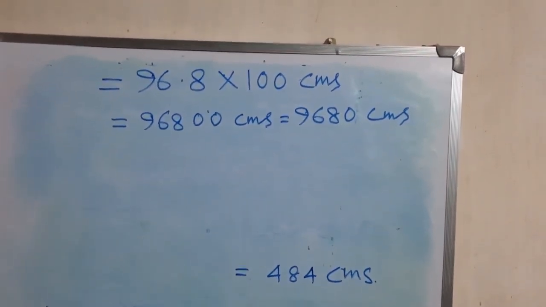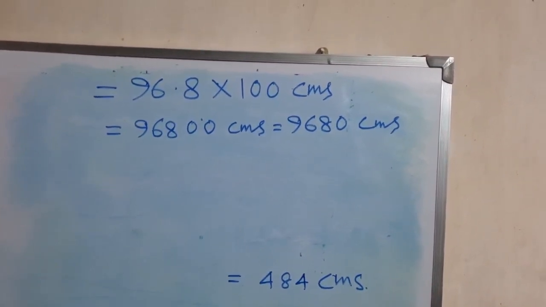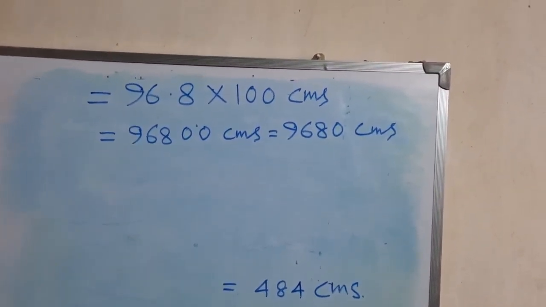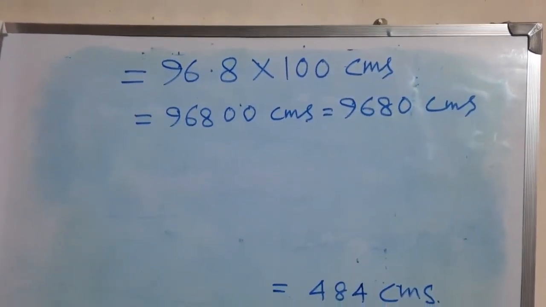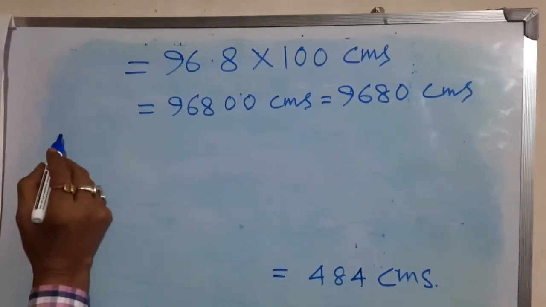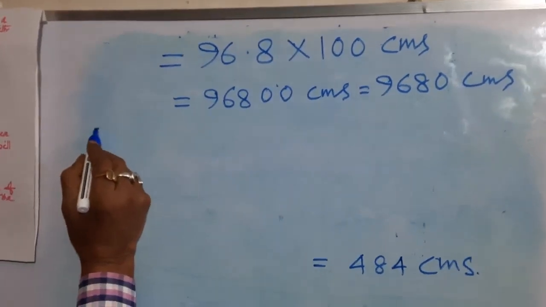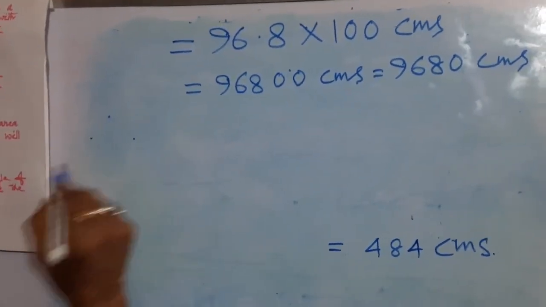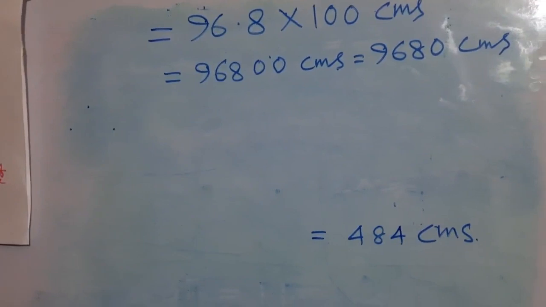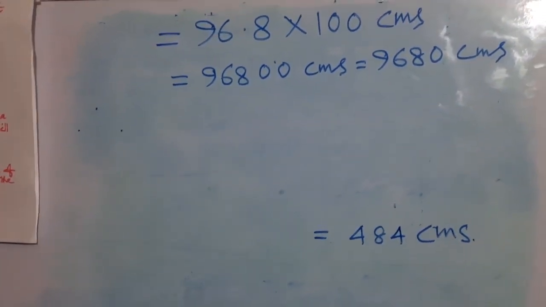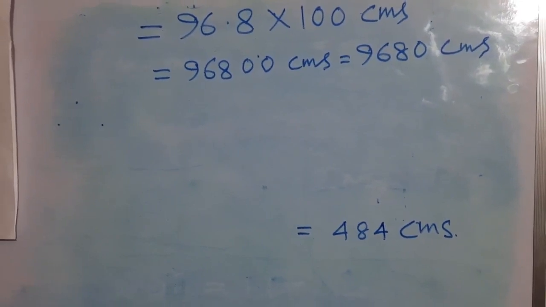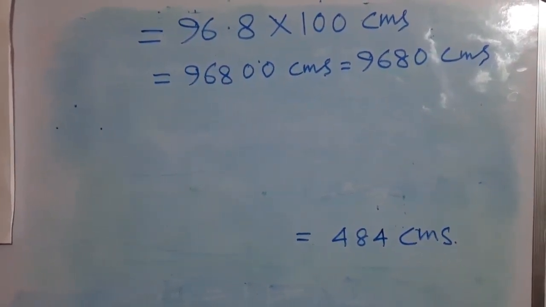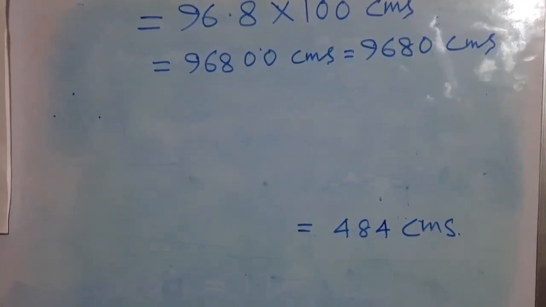Now in one complete revolution of the wheel, the bucket ascends 484 centimeters. So how many revolutions of the wheel will the bucket need to ascend the height?